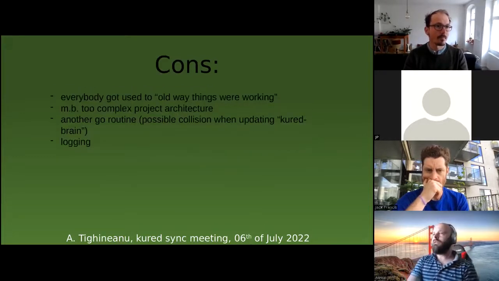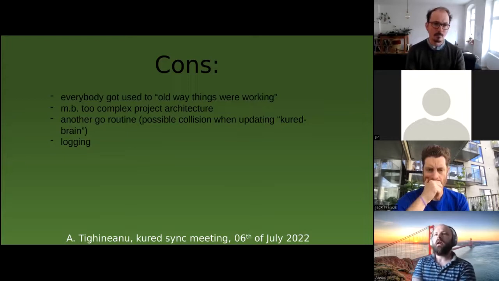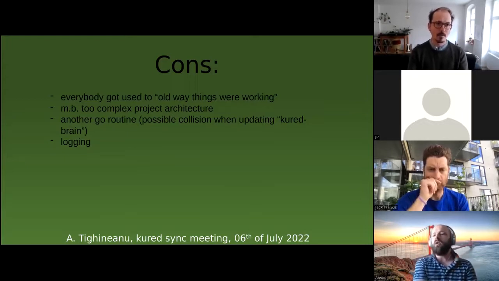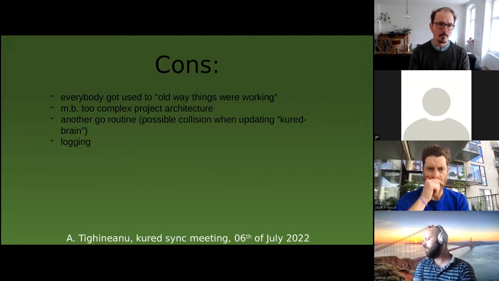Cons: obviously everybody got used to the old way things were working. The architecture got a little bit more complex because there is a third Go routine in the root cmd, and logging. But now I'm thinking that my decision wasn't that good, because you will see in the code, I've split it.